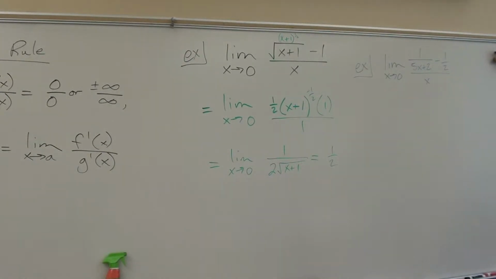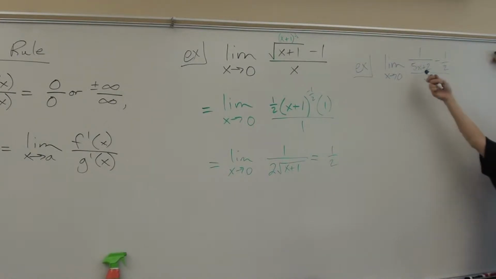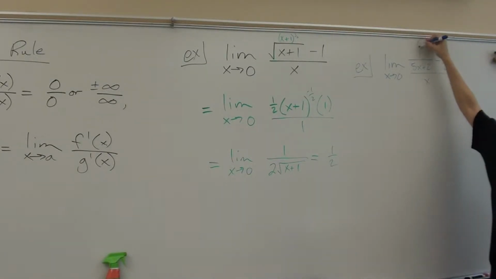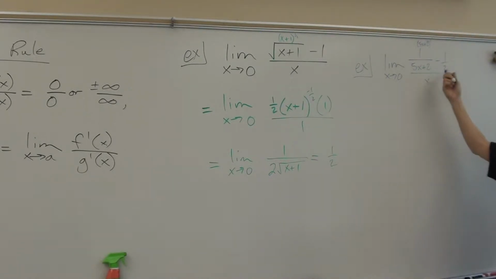Rather than using quotient rule, I know how much you guys loved these complex fraction limits, right? So rather than using quotient rule for 5x plus 2, could I rewrite the 5x plus 2 to a power? What would it be? 5x plus 2 to the negative first. Everyone take a second to try that derivative, right?